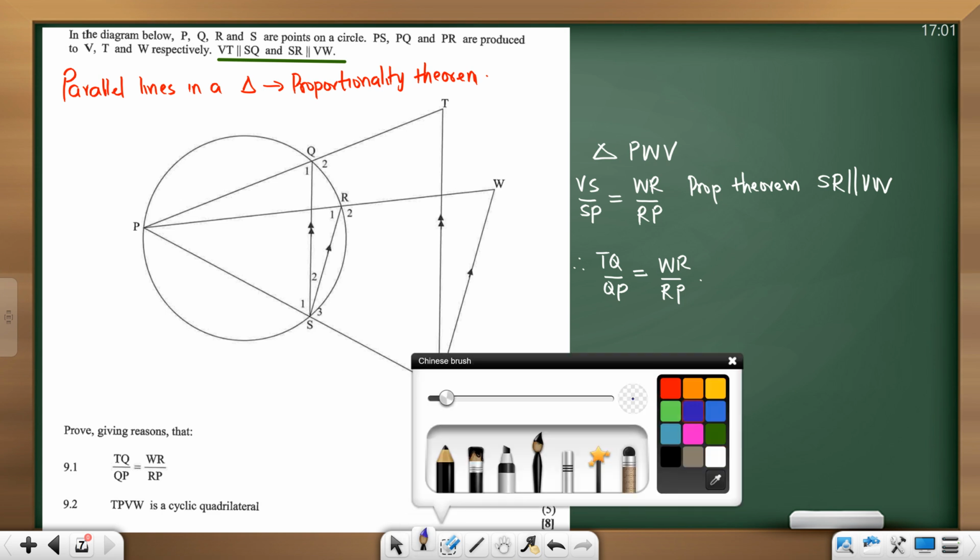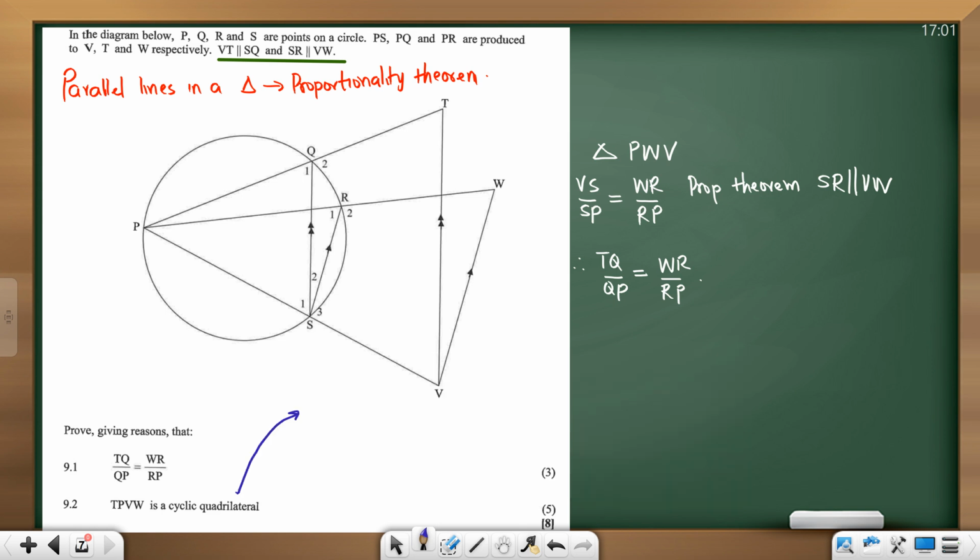Okay, I want to answer this one. Can you tell me, guys, when you see this, give me the properties of a cyclic quad. Let's go. 1, 2, 3. Angles in the same segment. Okay, angles in the same segment. Yes, any other person?